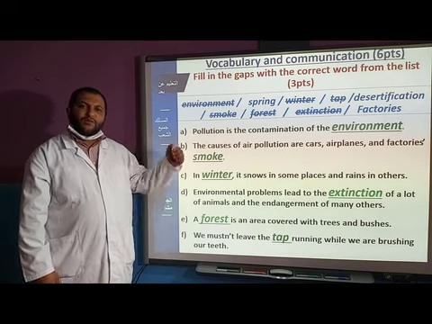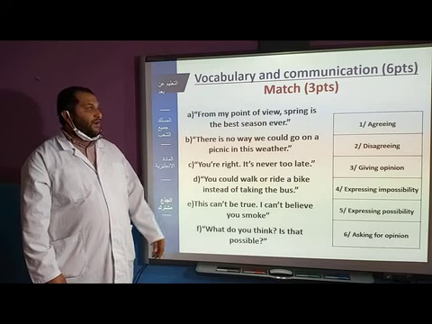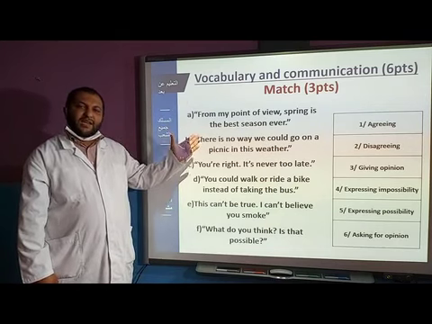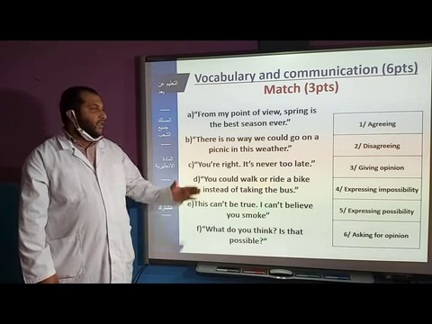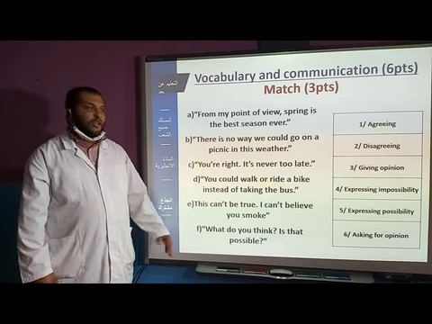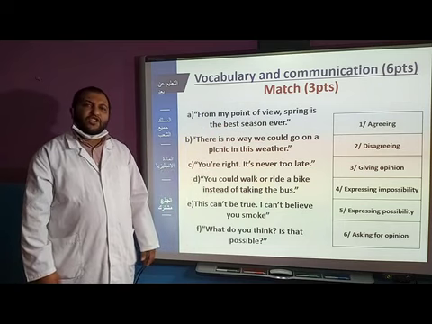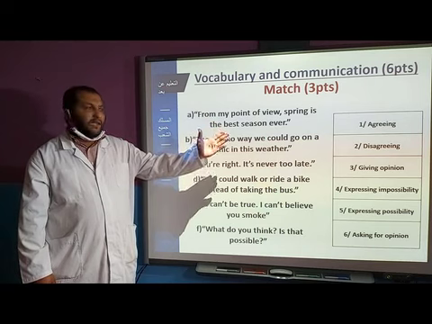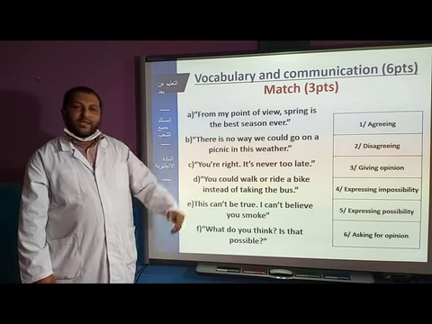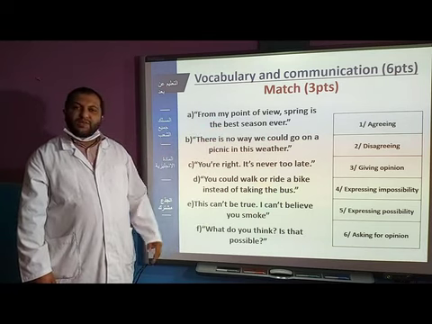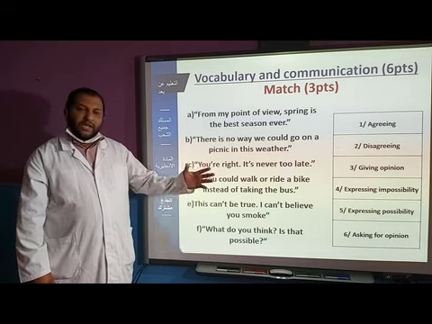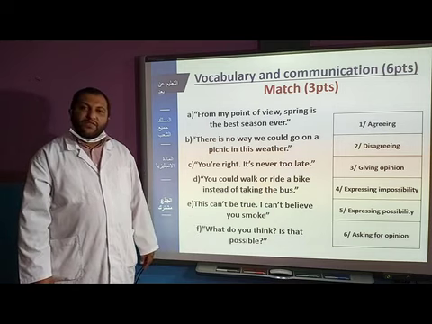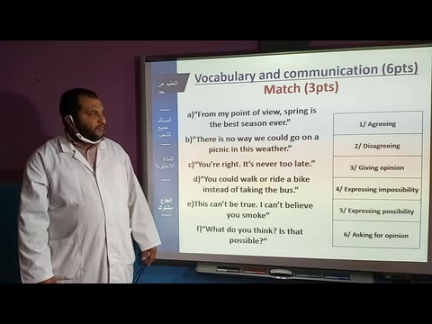So now let's move to our next component, which is communication. In this exercise, we are going to match the following sentences with a set of expressions. The expressions we have are agreeing, disagreeing, giving opinion, expressing impossibility, expressing possibility, and finally asking for opinion.